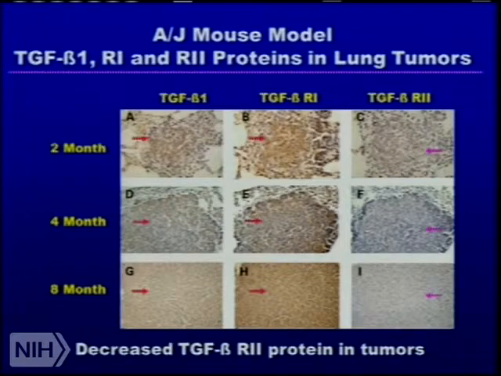Now, shown in this slide is an immunohistochemical staining for TGF-beta1 and the type 1 and type 2 receptor proteins in lung tumors that formed after 2 months, 4 months, and 8 months of ethyl carbamate treatment. One can see a brown staining for the TGF-beta1 protein as well as the type 1 receptor protein at all stages of tumorigenesis. In contrast, expression of the type 2 receptor for TGF-beta is reduced in comparison to the other 2 proteins.